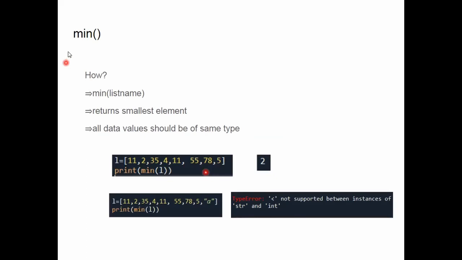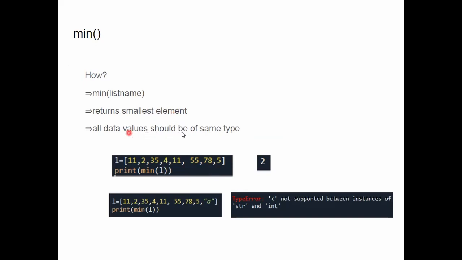Now we are having the minimum function. It's very simple. It's going to find the least value present in your list. The way of using it is min. It is going to return the smallest value, and as it is returning something, it can be used with a for loop, if statement, print statement, assignment, and while loop.